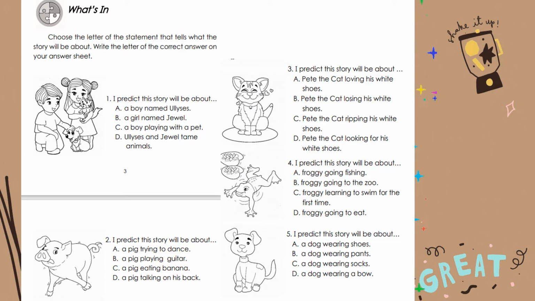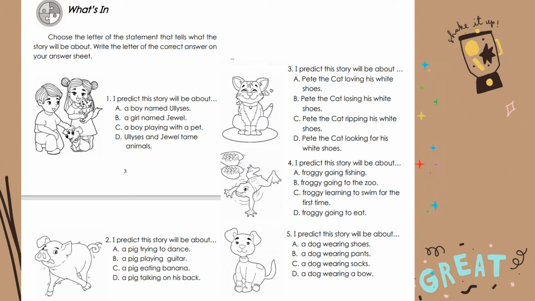And number 3, I predict this story will be about: letter A, Pete the cat loving his white shoes. Letter B, Pete the cat losing his white shoes. Letter C, Pete the cat ripping his white shoes. Letter D, Pete the cat looking for his white shoes. Number 4, I predict this story will be about: A, Froggy going fishing.